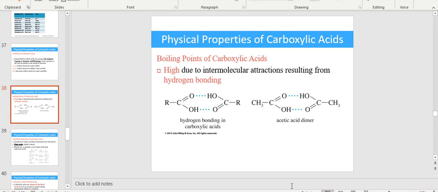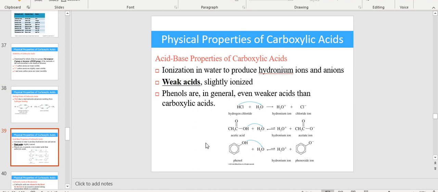Well, if you put in a carboxylic acid, mix it with water, or just a carboxylic acid by itself, it will have a relatively high boiling point because of this hydrogen bonding.